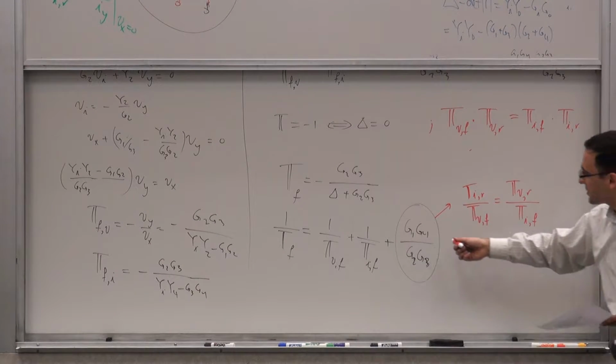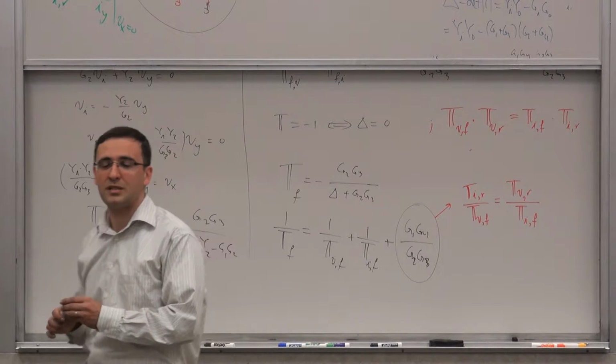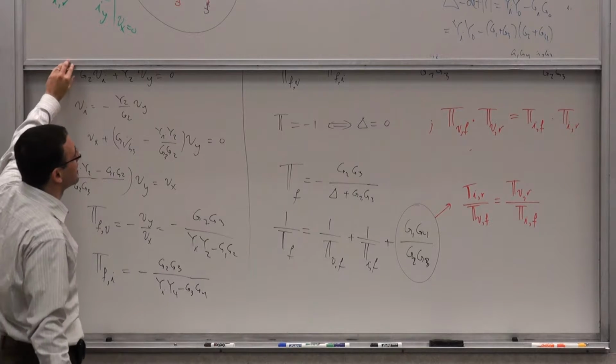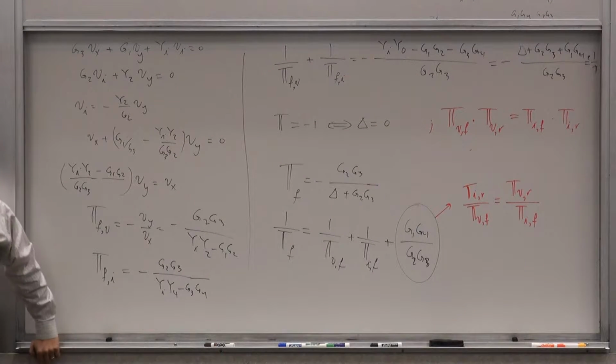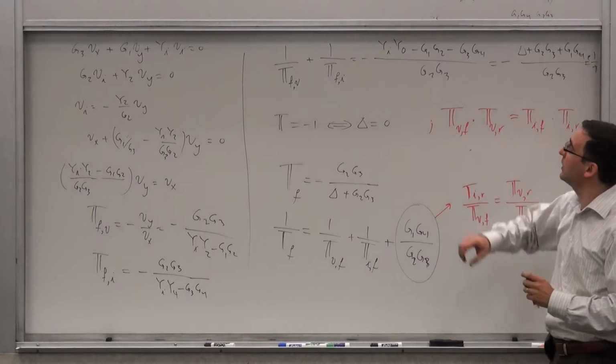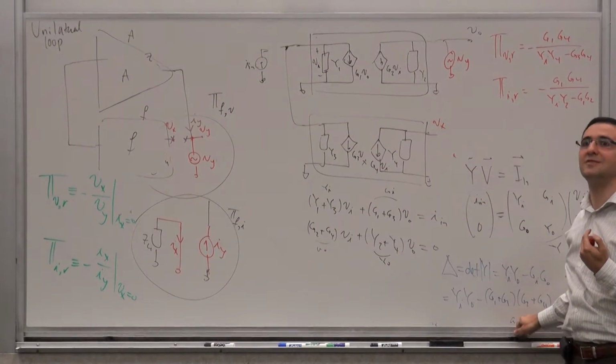And by the way, this term is interesting, right? Look at it. Tell me what condition needs to hold for it to be zero, for it to reduce to the previous case. If either G1 or G4 are 0, our calculation would be correct, right? And what does that mean in terms of the circuit? Right.